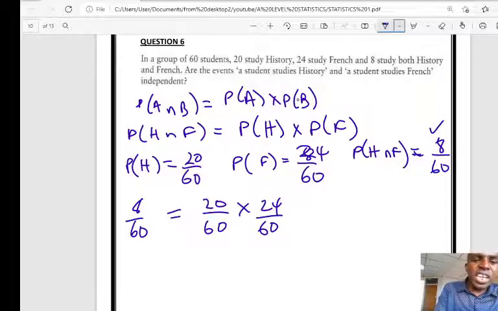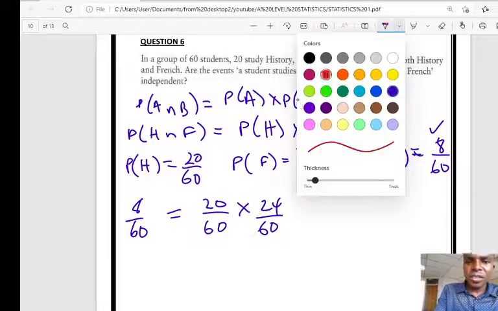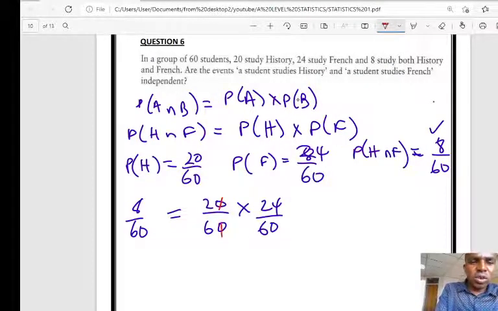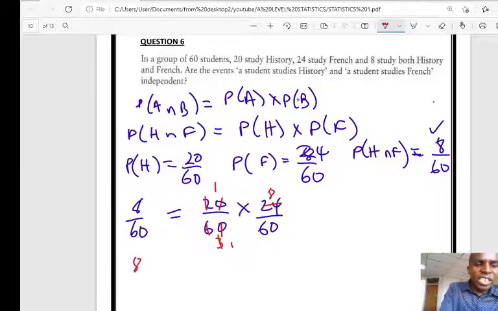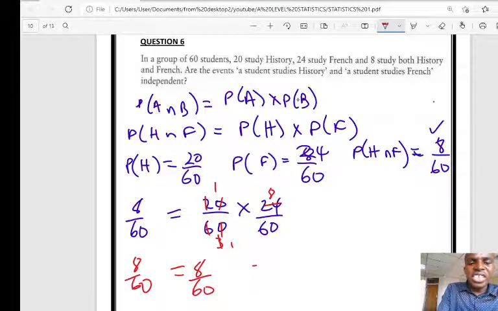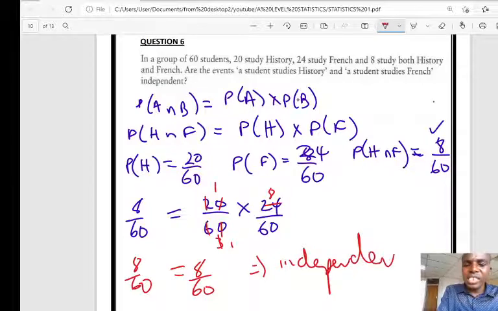Cancel the zeros, 2 here, then 3 here, 3 into 24 is 8, so it is 8 over 60. So 8 over 60 equals 8 over 60. So it means the two events are independent.